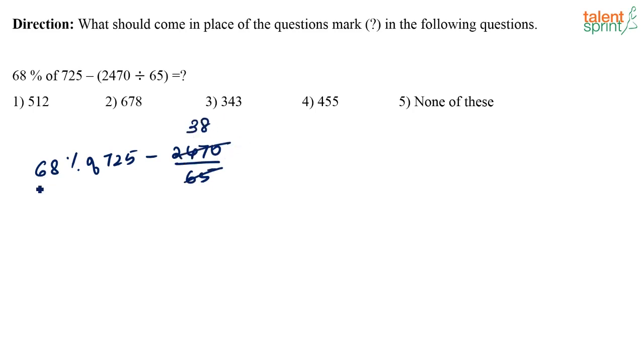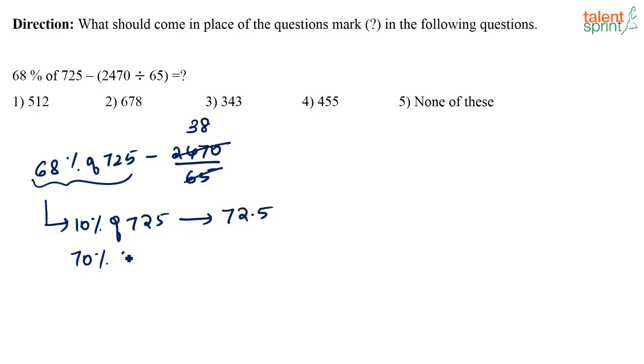Okay. Now, how do you calculate 68% of 725? See, what is 10% of 725? 10% of 725 is 72.5. So what is 70% of 725? It is nothing but 72.5 into 7, which is equal to 507.5.